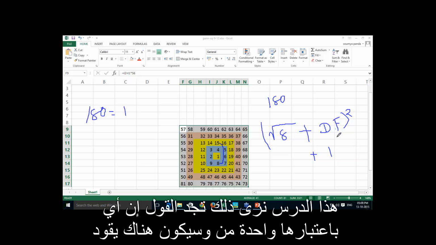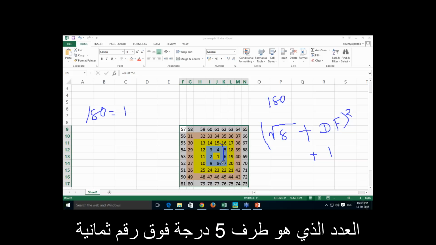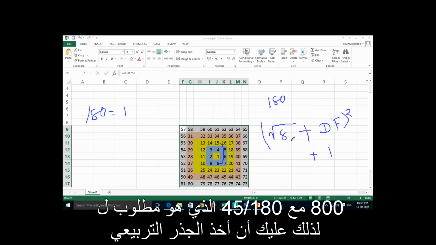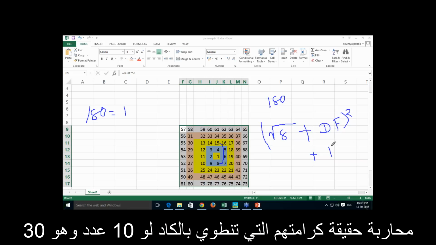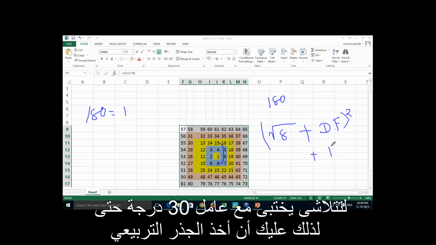So if I say any number which is 45 degrees above number 8, you will be taking the square root of 8 added with 45 divided by 180, which will be 0.25, the degree factor, and whole square it. If I say the number which is 30 degrees above number 8, you will be taking the square root of 8 adding the 30 degree factor.